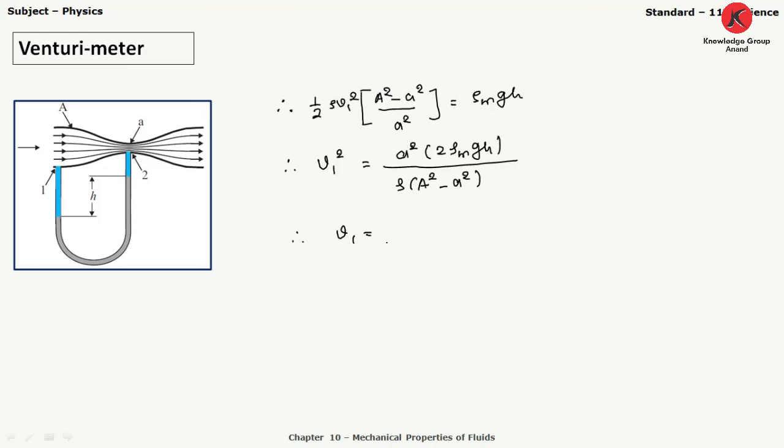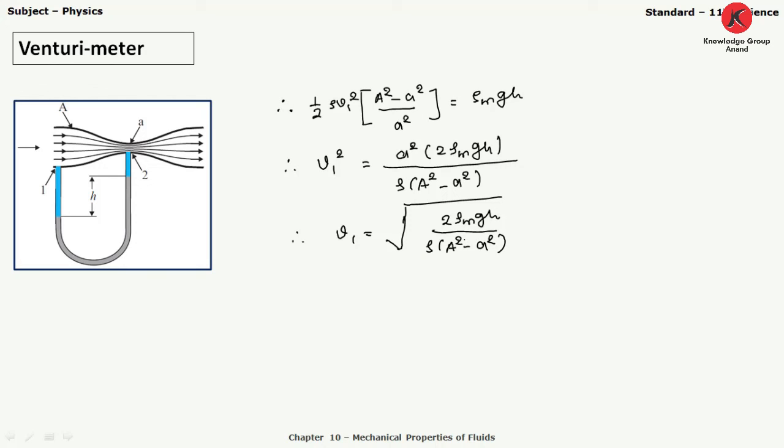Finally v1 is equal to under root of 2 rho m g h divided by rho into (A square minus a square).